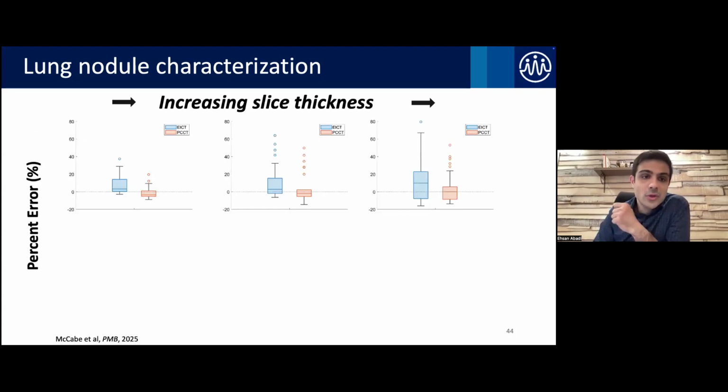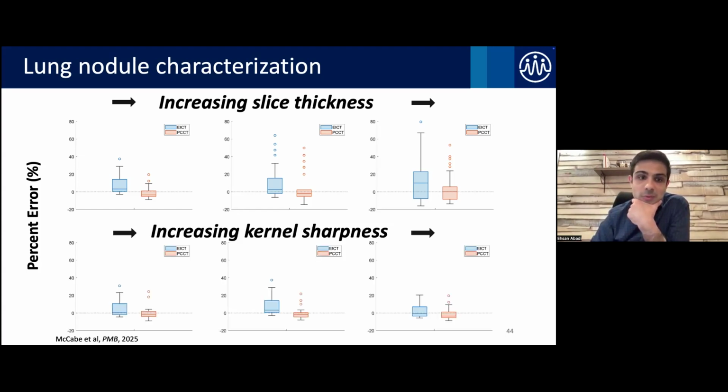We also saw that comparing photon counting versus energy integrating, the orange plots versus the blue plots, the errors were lower in photon counting because it has higher resolution. And as you increase the slice thickness, which I'm showing from left to right, the errors go higher. That's also obvious because you are reducing the spatial resolution and adding more partial volume effect.